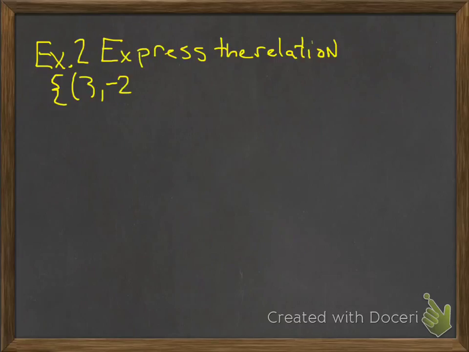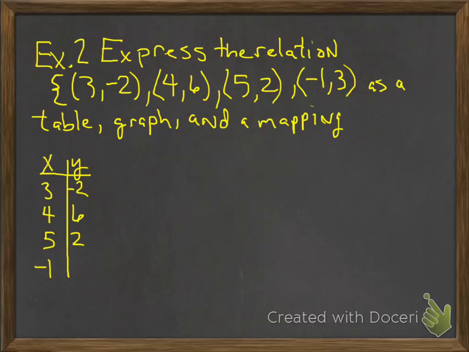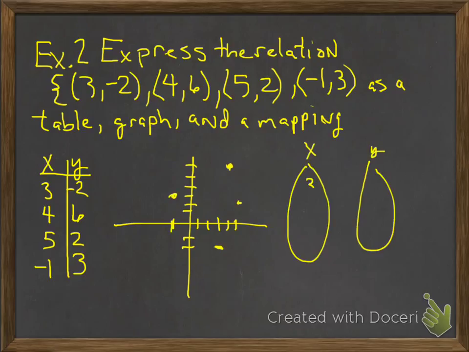Now the second example. So same thing, table, graph, and mapping. Alright, so we're going to say (3, -2), (4, 6), (5, 2), and (-1, 3). There's the table. You can see all I'm doing is writing the points and separating the x's and the y's. There's the graph, which you should know how to do. 4 points. And then there's the mapping.